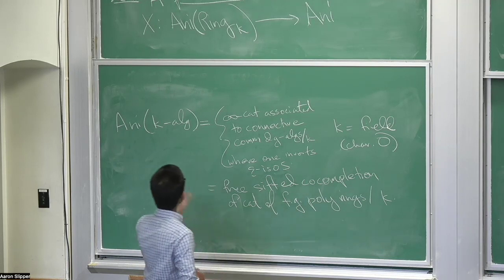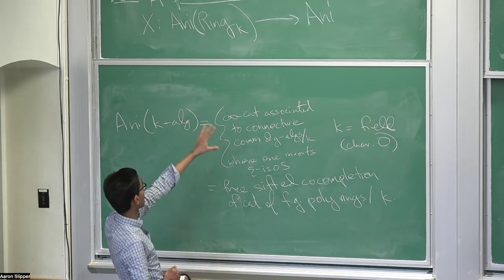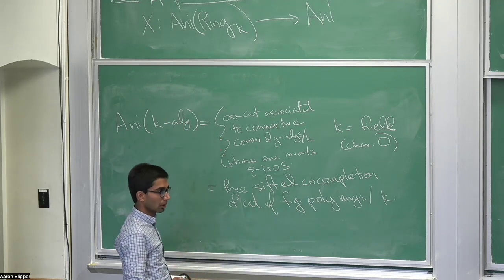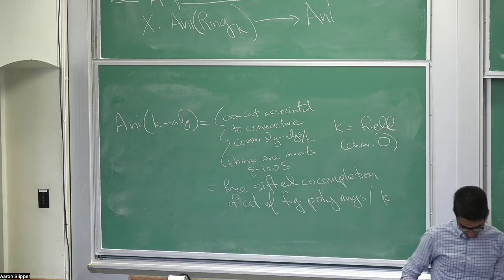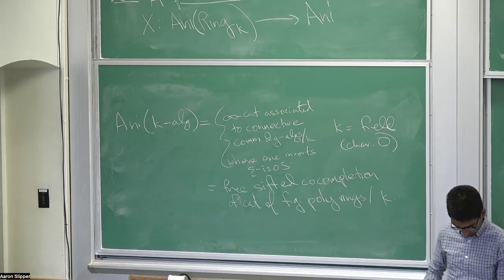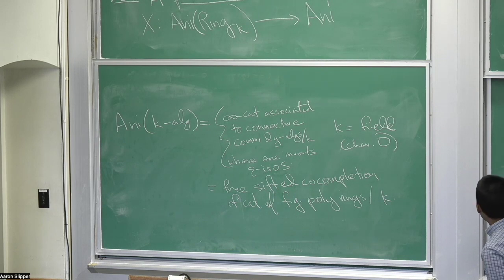Okay, so a prestack is a functor from animated rings over K to anima.